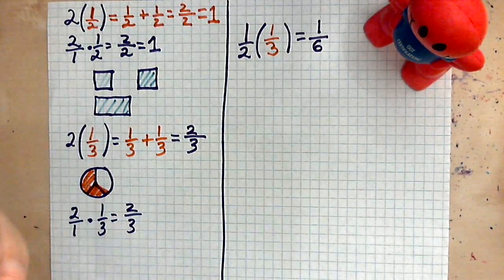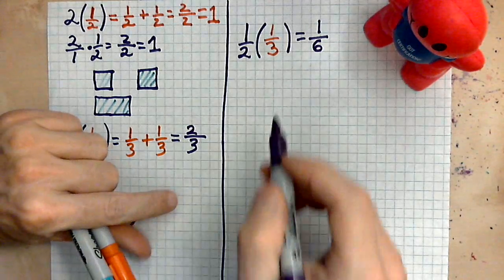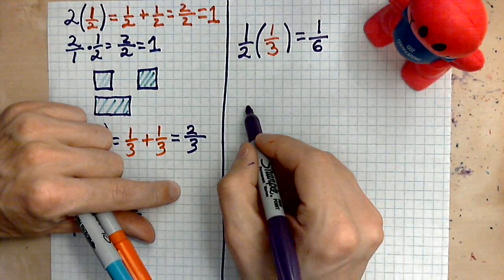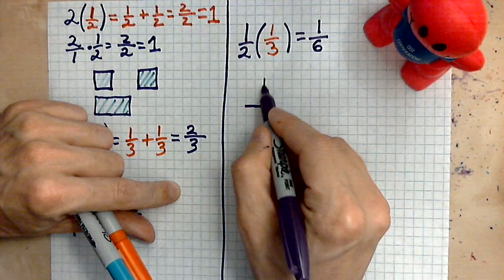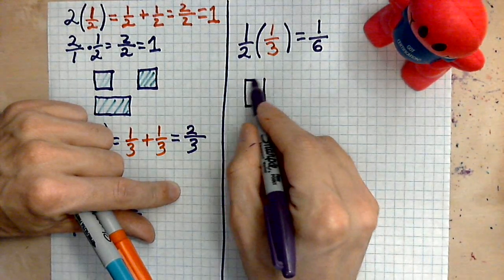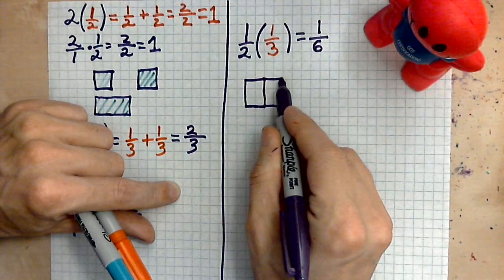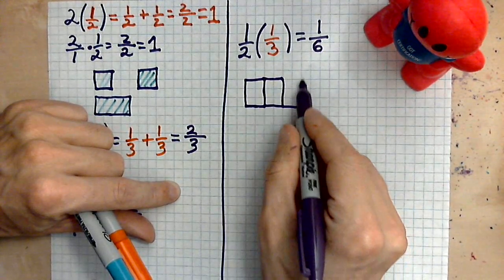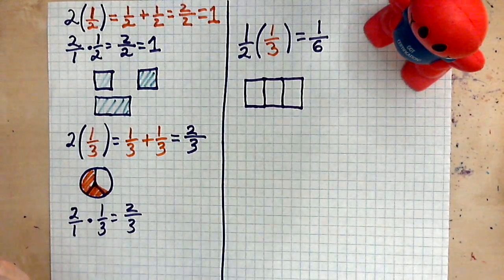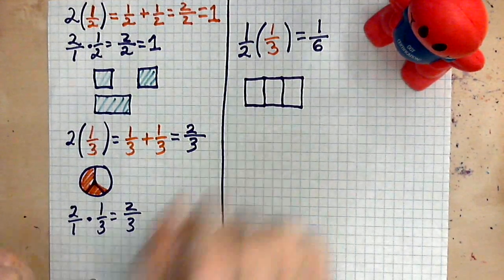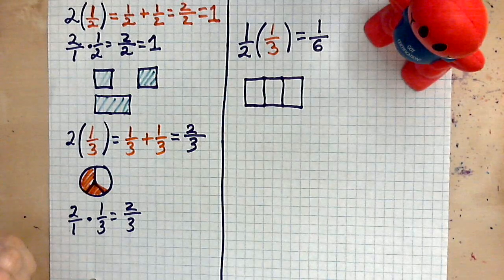In a picture, what this means is, imagine you have a little rectangle. First you're going to split this little rectangle into 3 equal pieces, as I'm doing here. So there are 3 equal pieces, and then you're going to split those pieces into smaller pieces still, into halves, right?